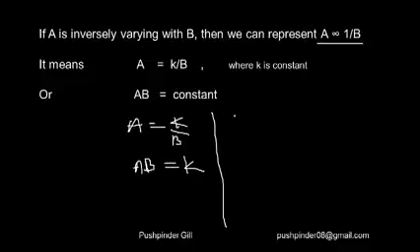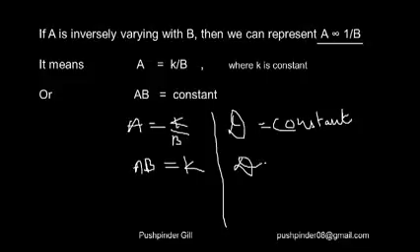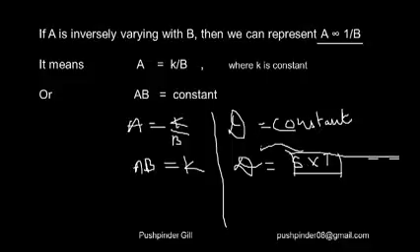For example, if distance is constant, let's suppose you want to travel 10 kilometers. If you double your speed, you're going to take half the time. If you triple your speed, you're going to take 1/3 of the time. Which is nothing but distance is equal to speed into time. That means these two things are inversely proportional to each other, and the product of these two things is a constant, that is the distance.